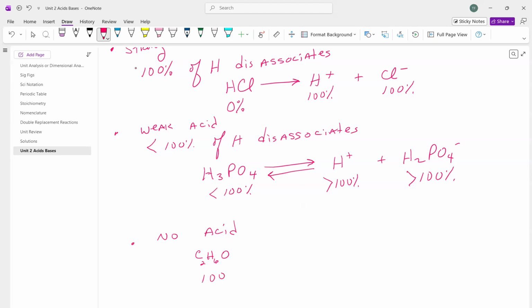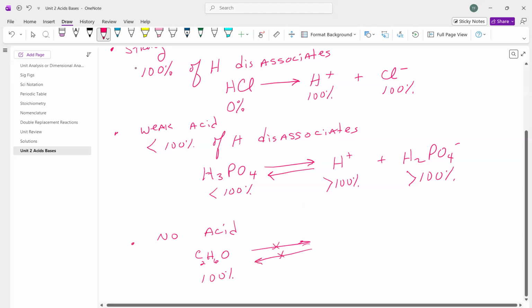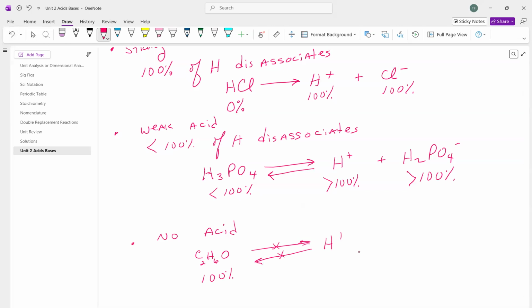So this is 100% here. So that's how you break down an acid. Is it strong? Everything goes over. Is it weak?